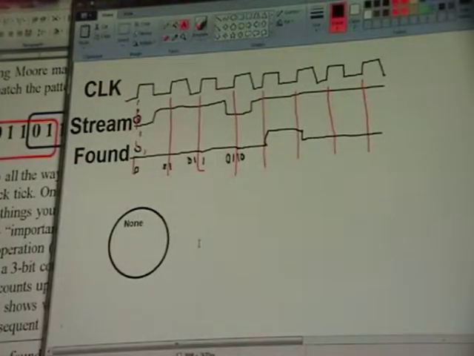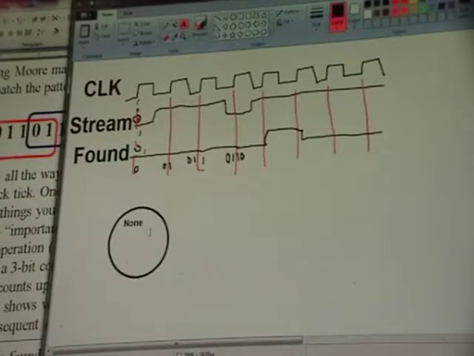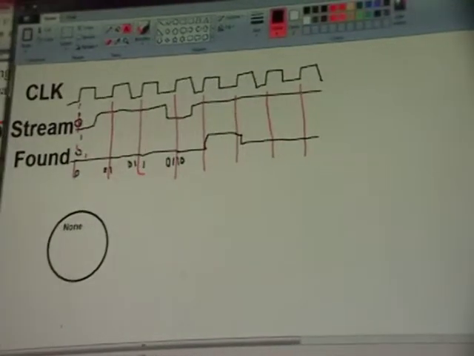Don't know if that's readable. The next thing you put inside your state bubble is the value that's going to go inside your flip-flop when you're in that state. But since I don't know how many states we'll end up with, I'm going to leave that blank right now and do that last, after I make the rest of the state transition diagram.